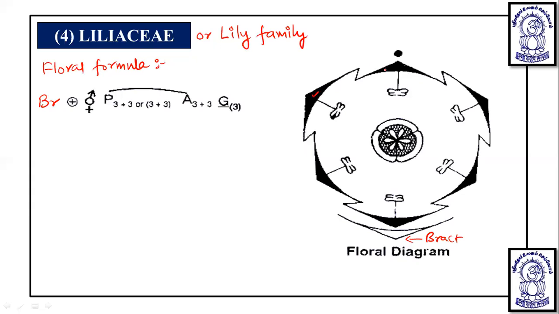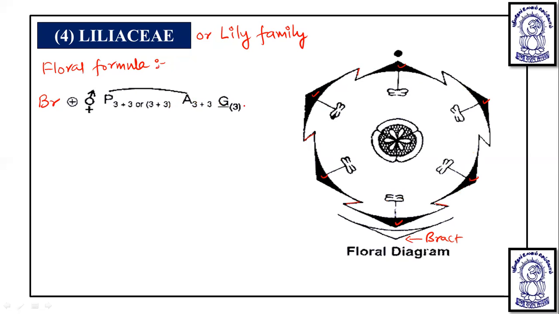So this is the tepal. These three are the outer tepals and these three are the inner tepals. So the tepals of the perianth are present in two whorls. Three tepals combine to form an outer whorl and three tepals form an inner whorl, and this outer and inner whorl are fused. You can see this.